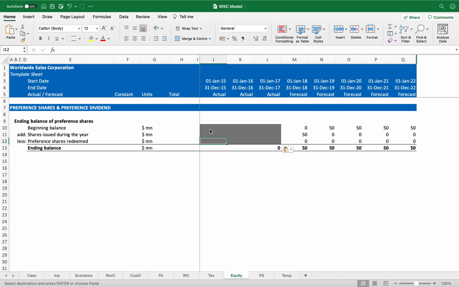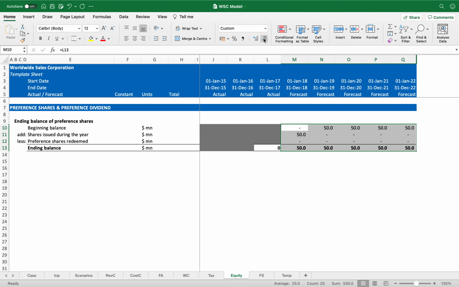So just do this computation, as simple as that. Ending balance of preference shares. Now this needs to get linked to the financial statement. So let's link it later. Let's complete this first.